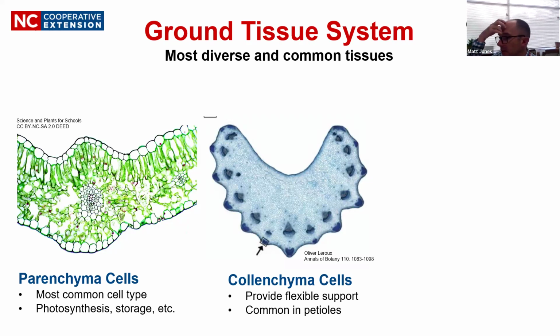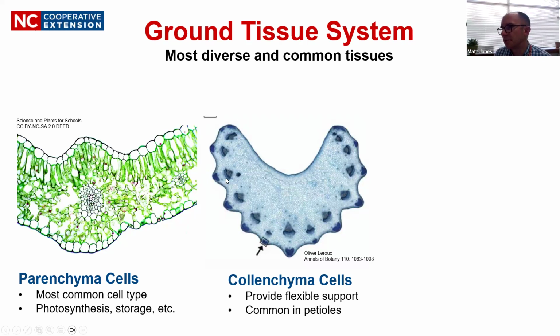So these cells specifically provide flexible support rather than rigid support, as we'll see with sclerenchyma, but they tend to have a particular way that the cell walls lay down in the cell, which is kind of long and thin, a bit coiled, to provide that flexibility along with some strength.